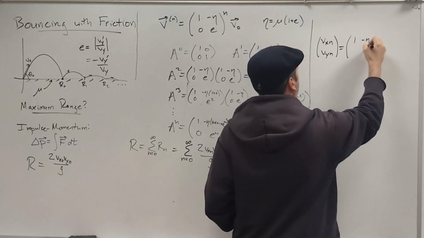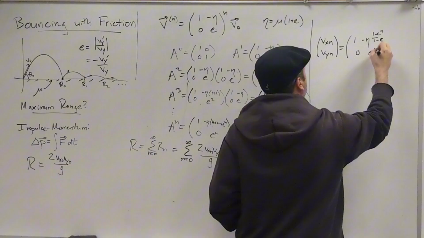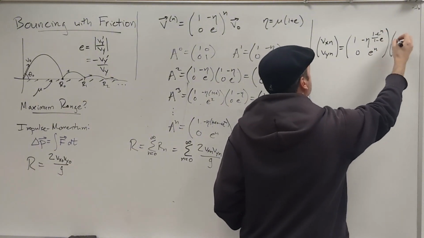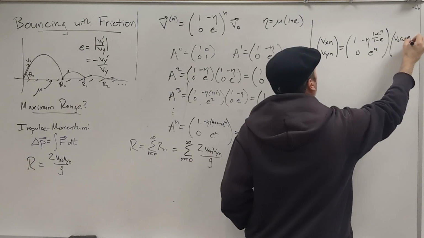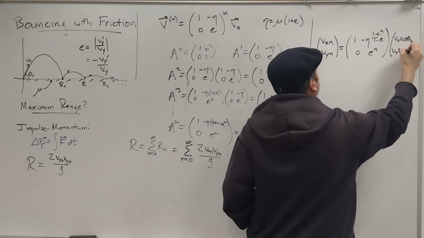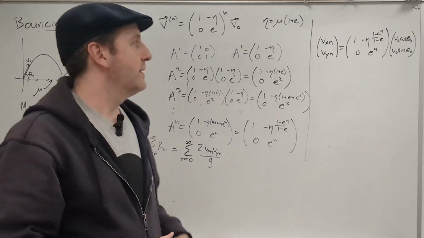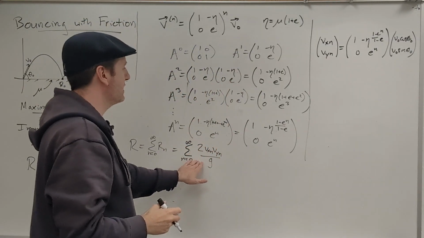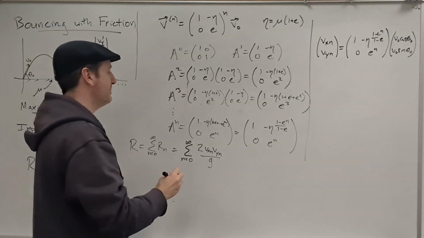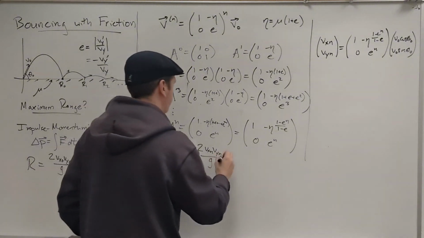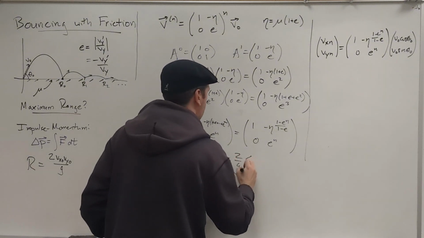So 1 minus eta, 1 minus e to the n over 1 minus e, 0 e to the n, times the initial velocities, which are V naught cosine theta naught and V naught sine theta naught. So you can see this is going to be a kind of messy, complicated sum, but it'll turn out that the sum can actually be evaluated. 2 and g can come to the front because they're constants.